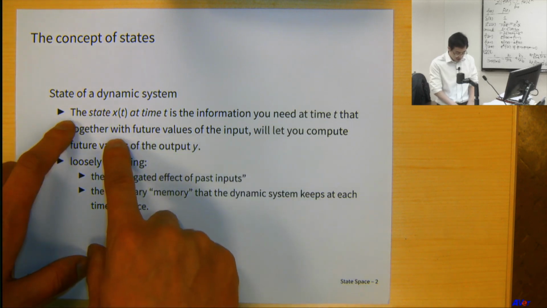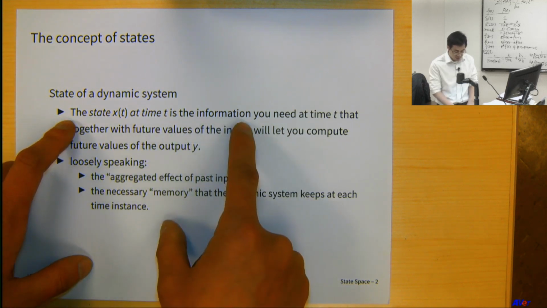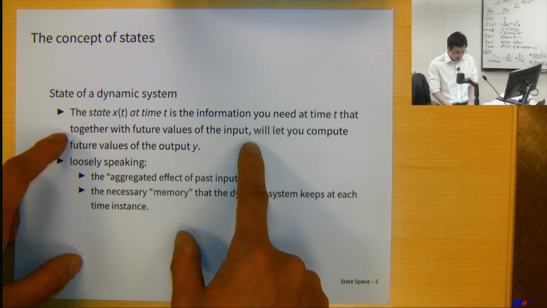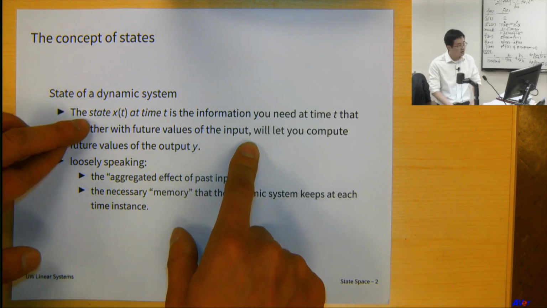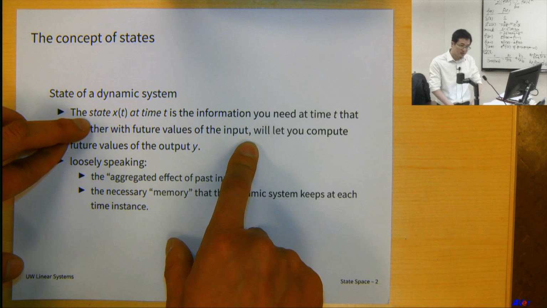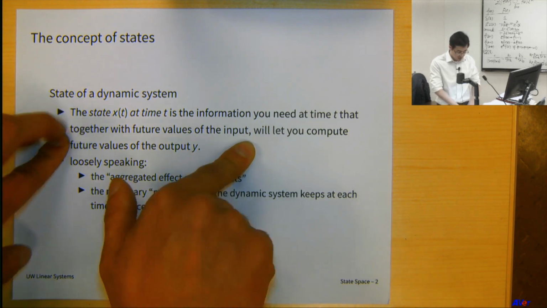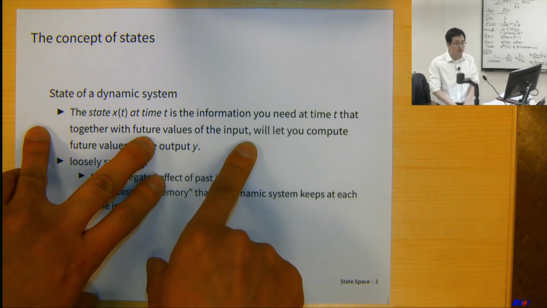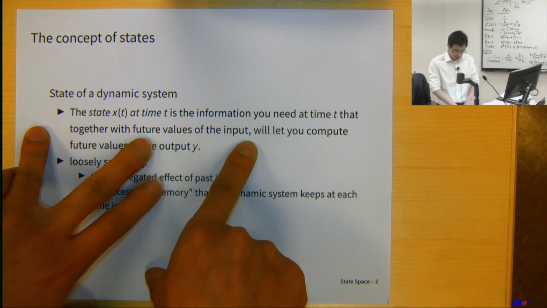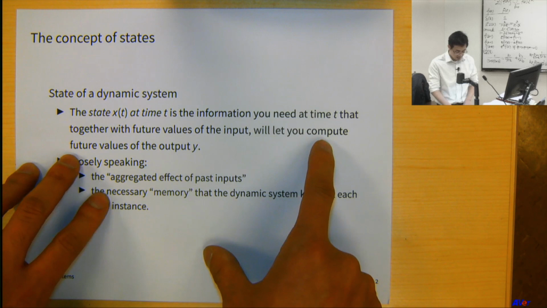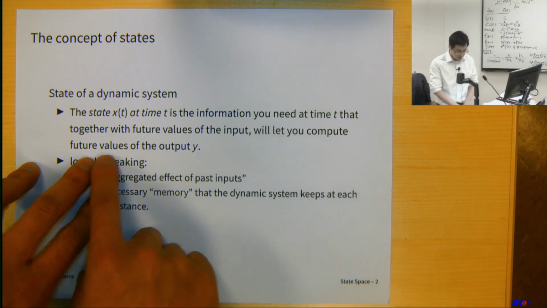The state at time t is the information you need at time t. If you combine what the system currently is with the future value you will give to the system, it will completely let you define the future value of the output.